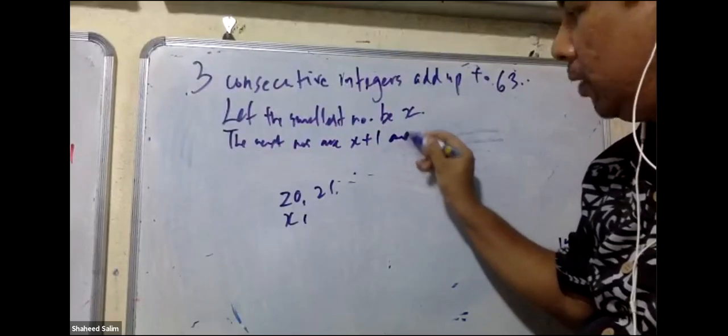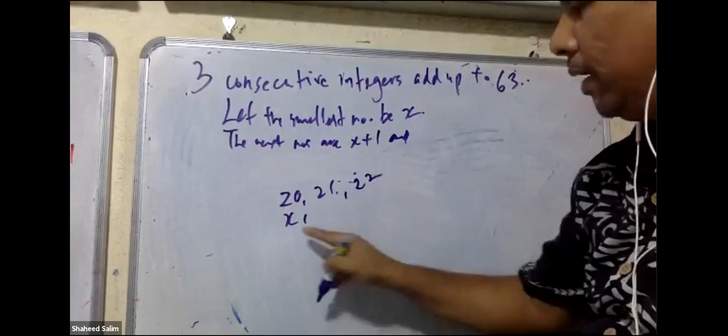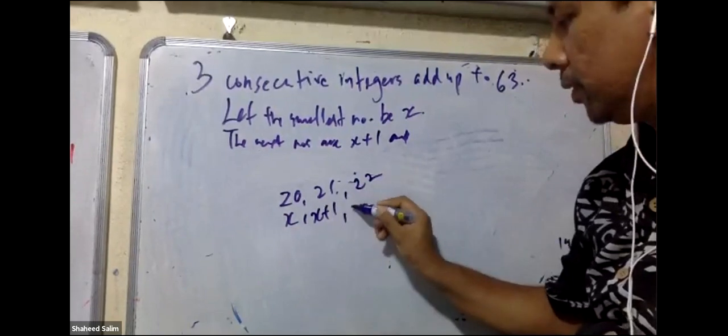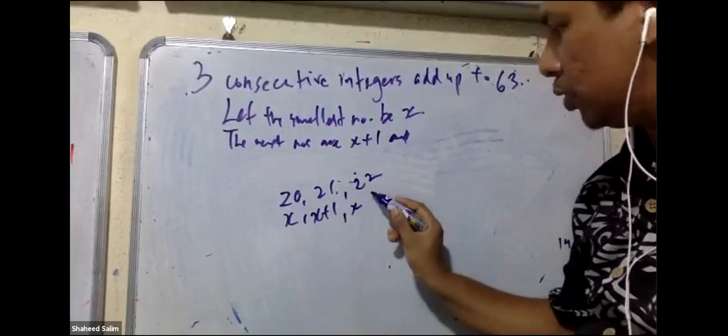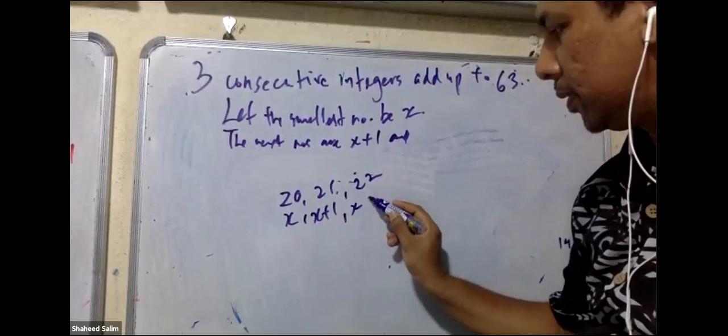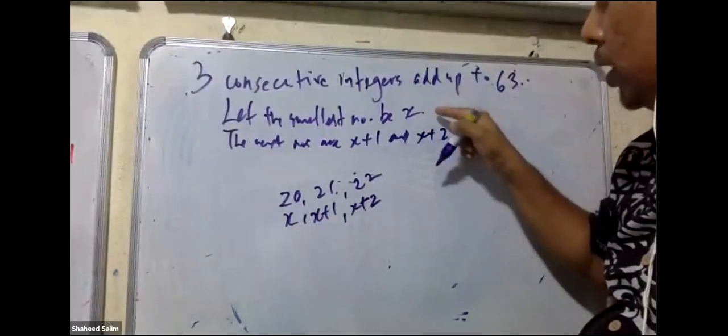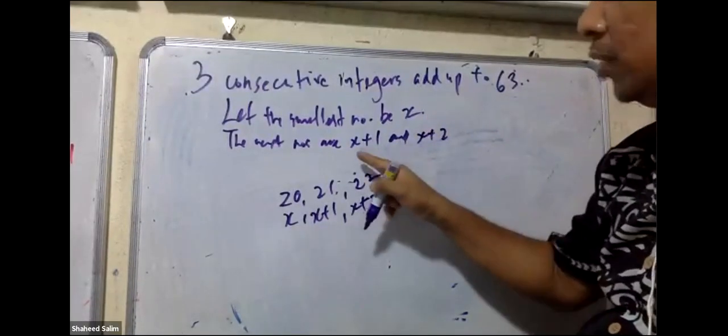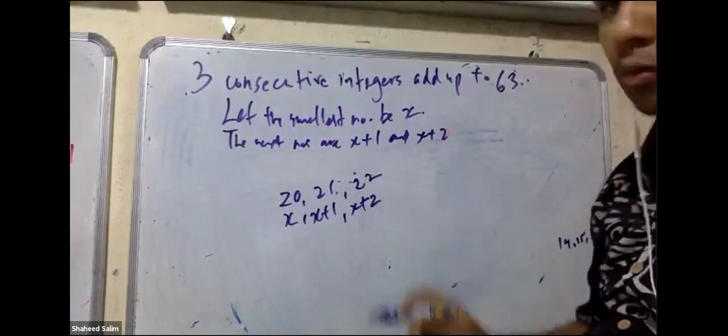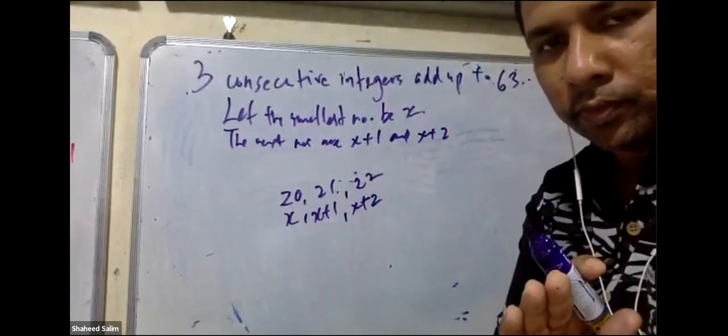Plus 1. So x plus 1 is the next number. And the bigger number, which is 22? x plus, 20 plus what equals 22? Plus 2. So the smallest number is x. The other two numbers are x plus 1 and x plus 2. Are you confused? No.